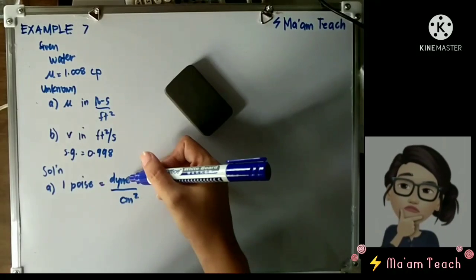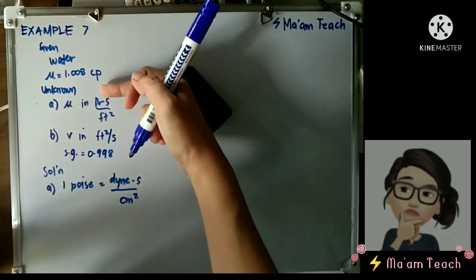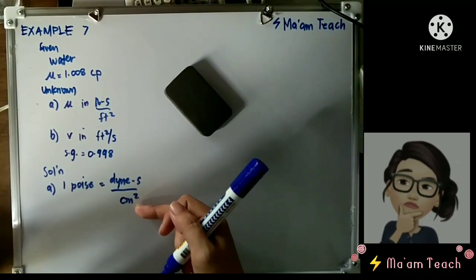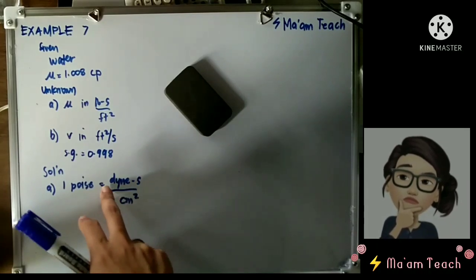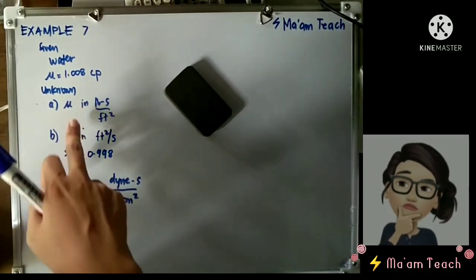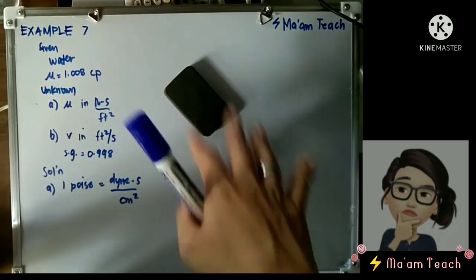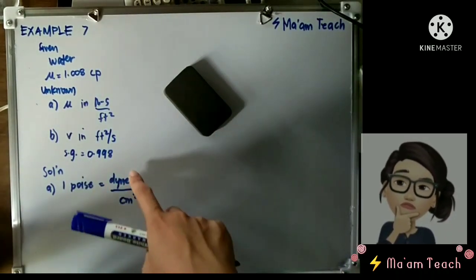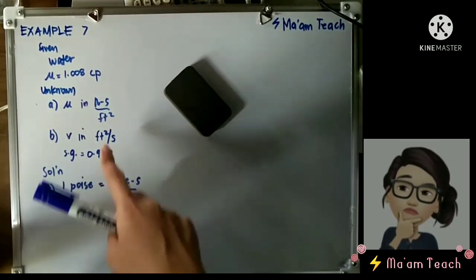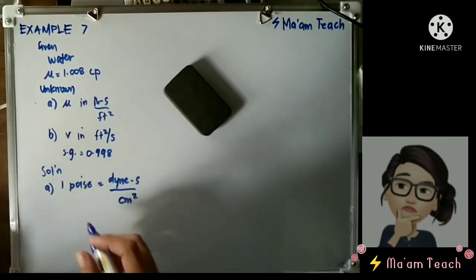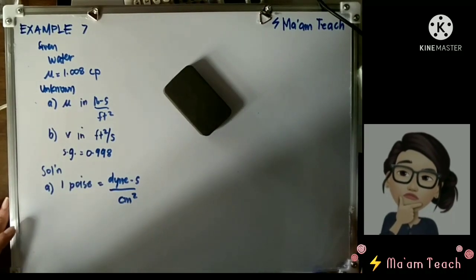As you can see, dyne is a unit of force, the same with pound, and square centimeter is the area. So we have to convert from dyne to pound and from square centimeter to square foot. That's our target.